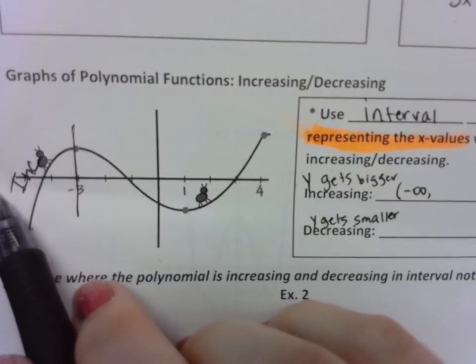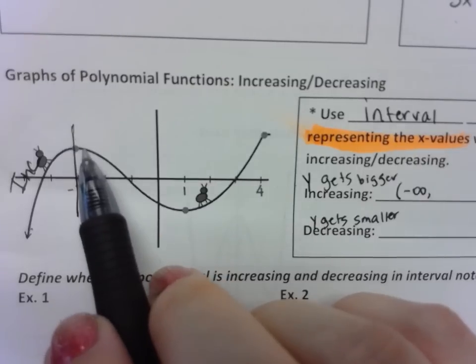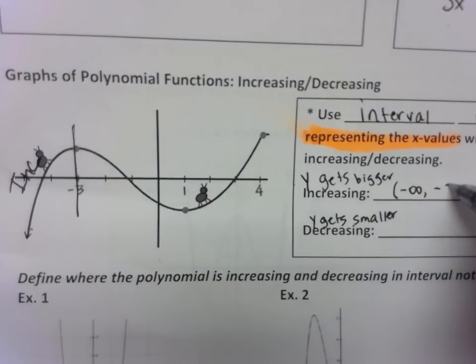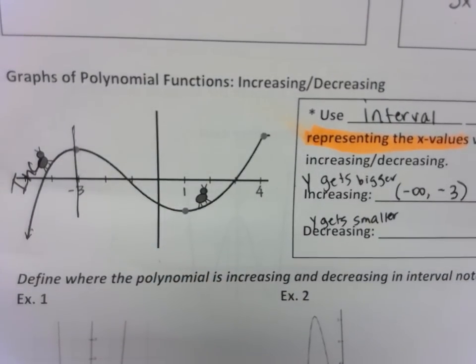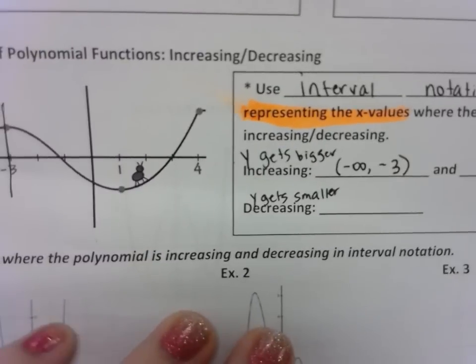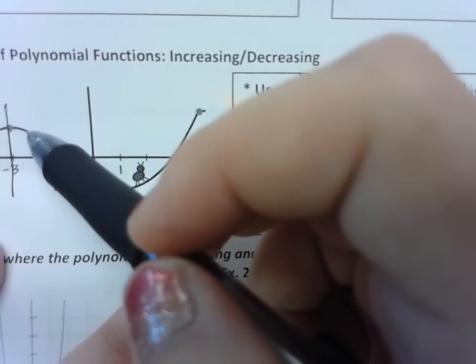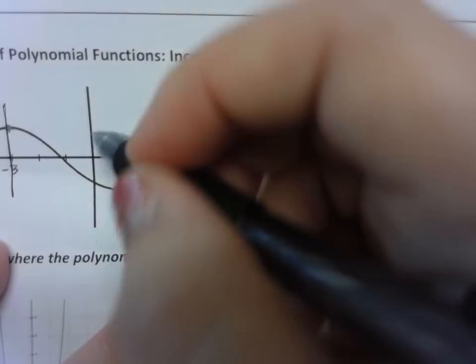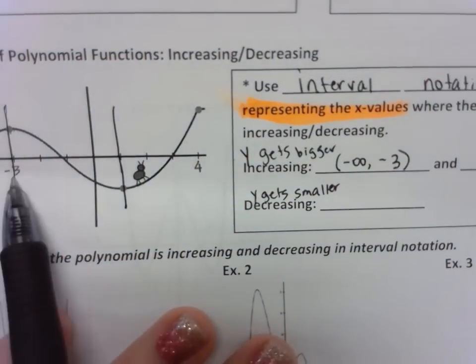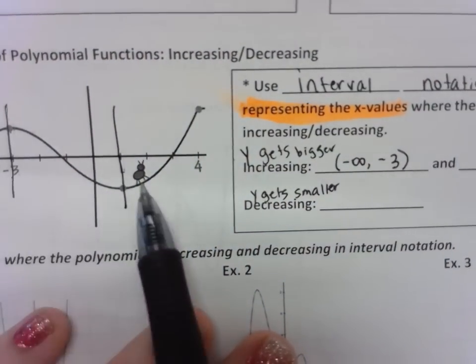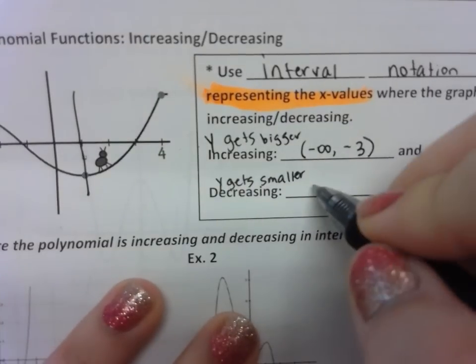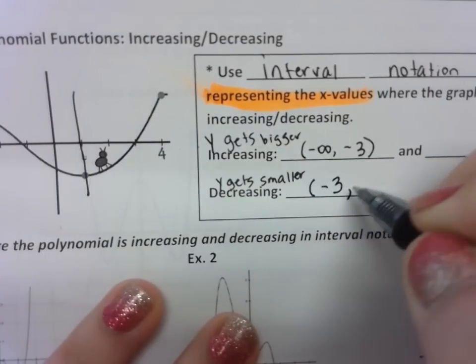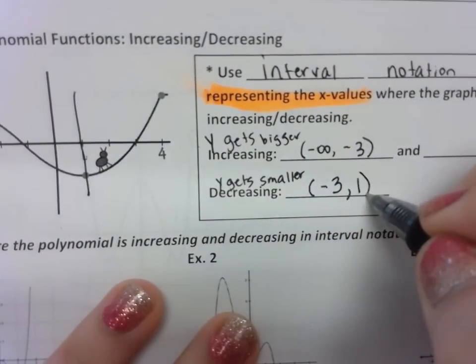And then here, it's going to stop increasing and begin decreasing at negative 3. From here, this little ant is walking downhill until we get to this point. So between which two x values is my y value getting smaller? That is negative 3 to a positive 1.